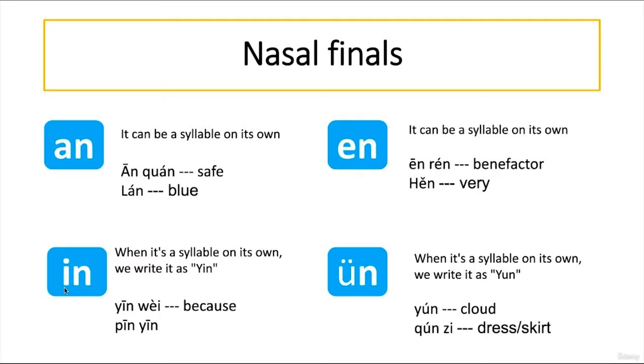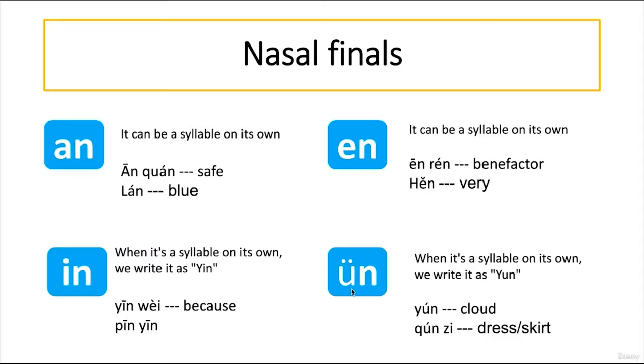Yin. When it's a syllable on its own, we write it as yin, but it doesn't change the pronunciation. We just write it in a different way. For example, 因为 means because. Pinyin is what we are learning now, right?